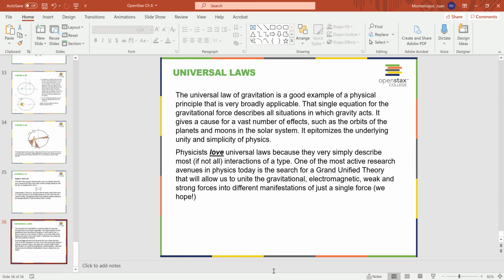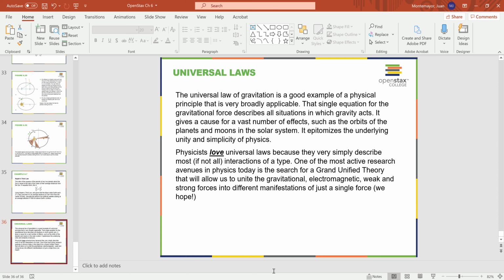Okay. Our last slide shows that the universal law of gravitation is a good example of a physical principle that is very broadly applicable. That single equation for the gravitational force describes all situations in which gravity acts. It gives a cause for a vast number of effects, such as the orbits of the planets and moons in the solar system. It epitomizes the underlying unity and simplicity of physics.